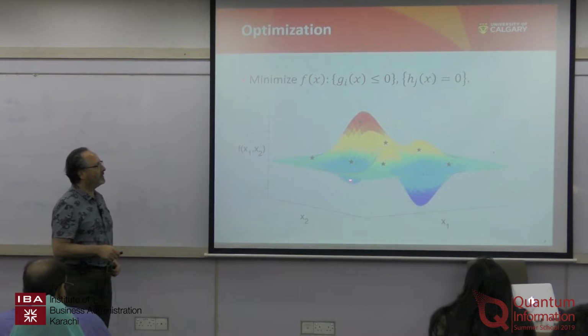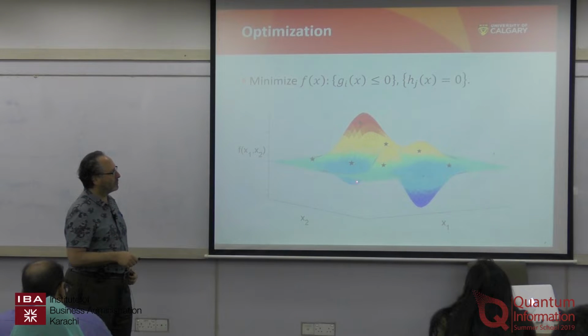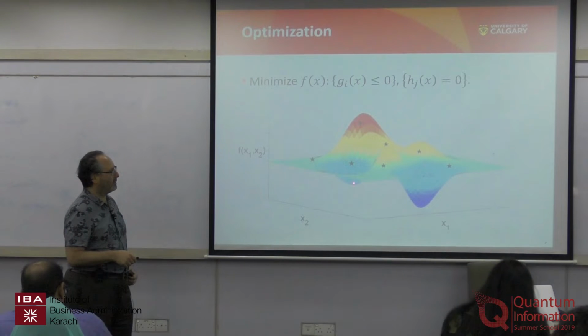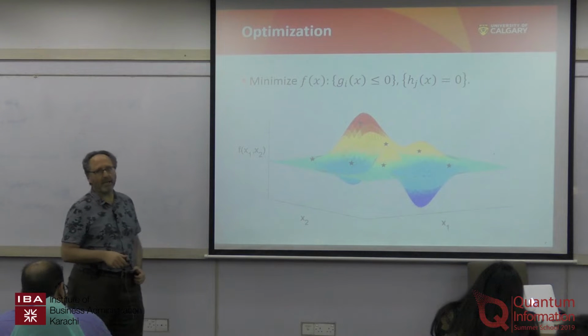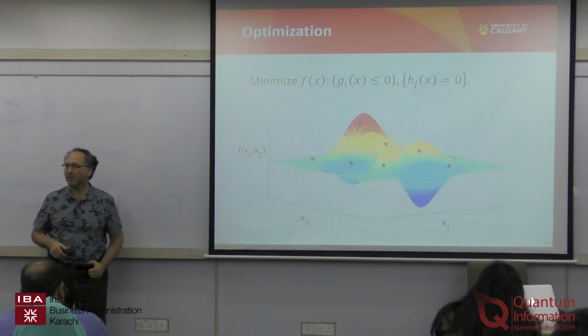And in between, you can see there are some regions where you get a local minimum, local maxima, and other things can happen. There can be saddle points where it goes down here, up here. In the language of optimization theory, these are often called traps.